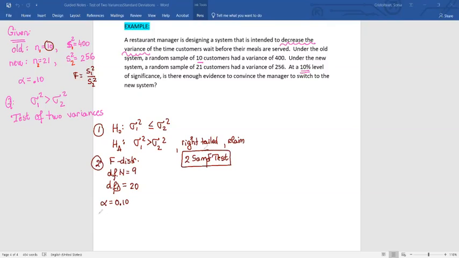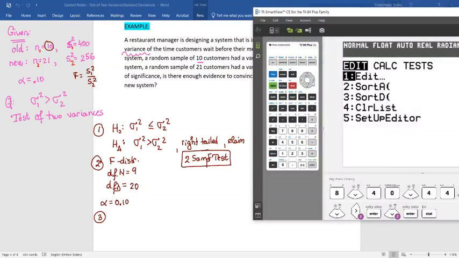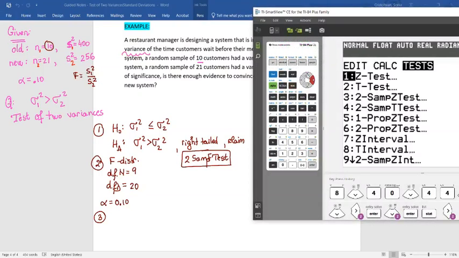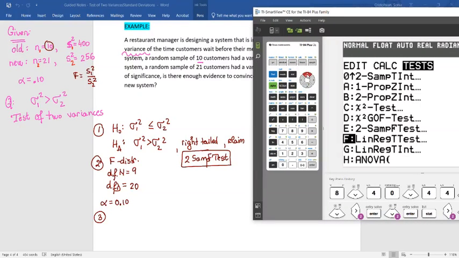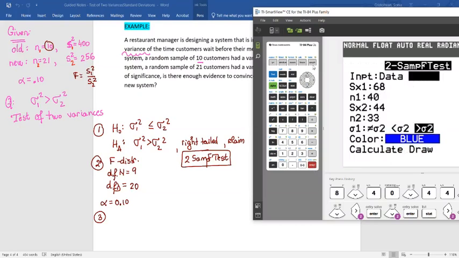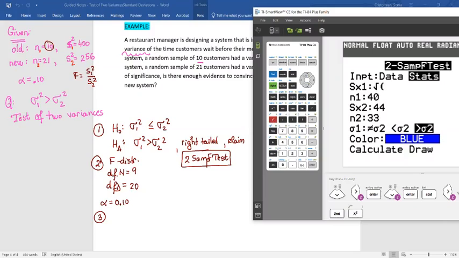Let's do the test and find the test statistic F along with the p-value. Here we have the calculator, go to test, use arrow to get to the other screen and go to two-sample F test. Hit enter. And we have again summary statistics, S1. This time they ask us for S1, and I have S1 squared, so I will do square root of 400.